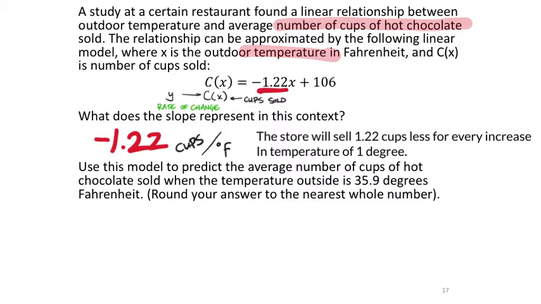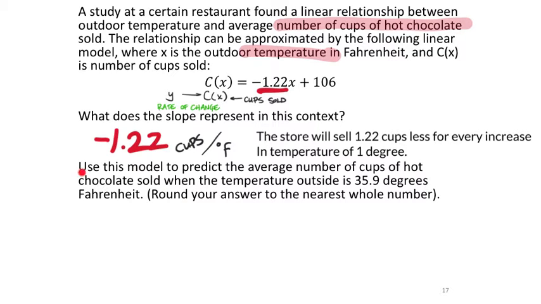I'm sure you could, but however you say it, it needs to resemble something to that effect, okay? And why is it 1.22 cups less? It's because it's negative. Some people say that they would not sell 1.22 cups, or they would lose 1.22 cups for every degree sold, something like that, okay?